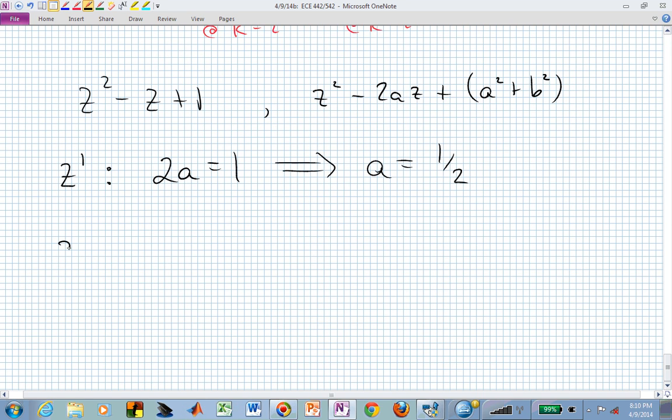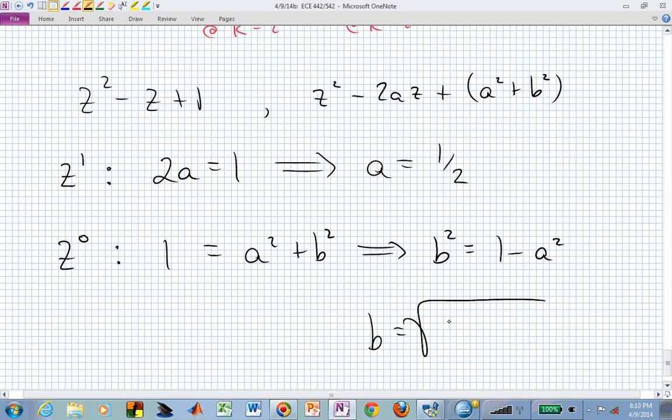And from the z to the 0 coefficient, we now know 1 is equal to a squared plus b squared, which says b squared is 1 minus a squared, or b is the square root of 1 minus a squared.